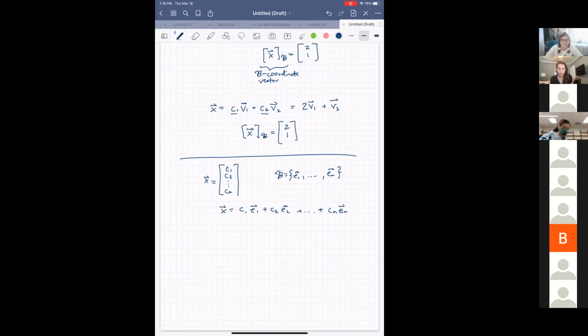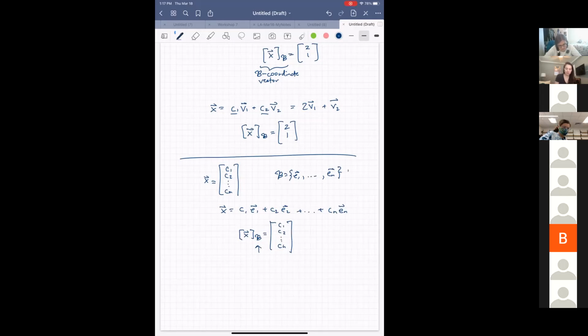Cool. So then if you were to write x inside brackets with the subscript B, the B coordinate vector of x is just x. Yeah, exactly. It's just this thing, in terms of that basis. But usually when we do the standard basis, we don't include the B. Oh, you don't include that little B?